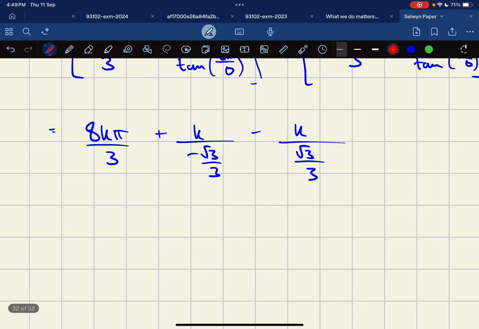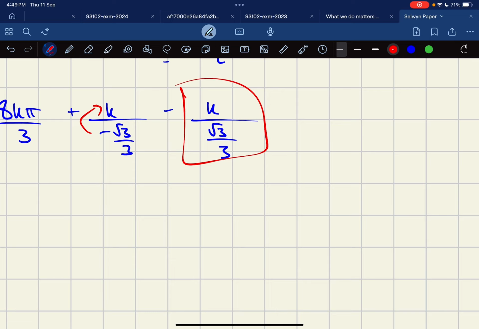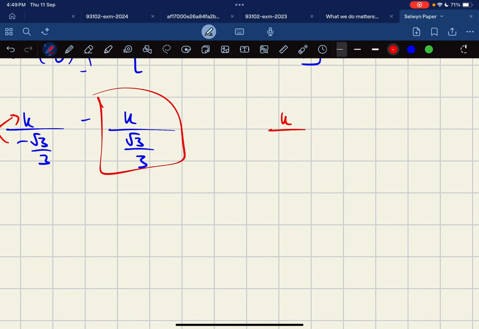So you can see here that there's two lots of negatives. This negative over here can be brought up to there. So it's negative k over root 3 over 3, and then minus k over root 3 over 3. And again, if we just take this section as k over root 3 over 3, that is the same as k divided by root 3 over 3, which can be rewritten as k times 3 over root 3.